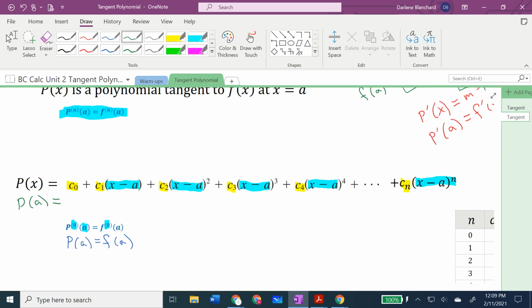Yep. So having this recentered at A allows us to just go, hey, all of these are just zero terms.